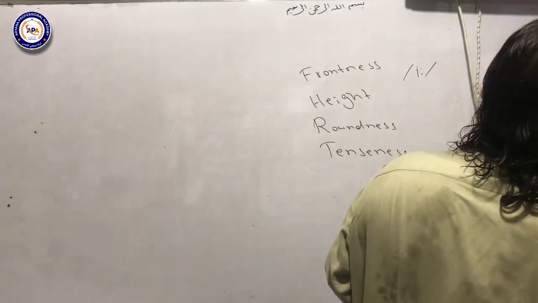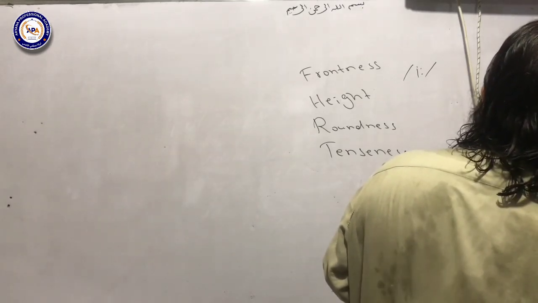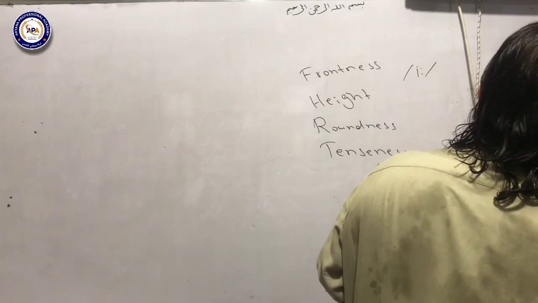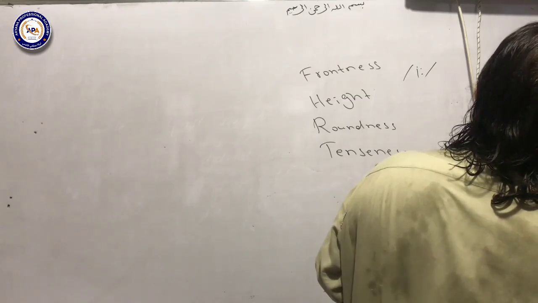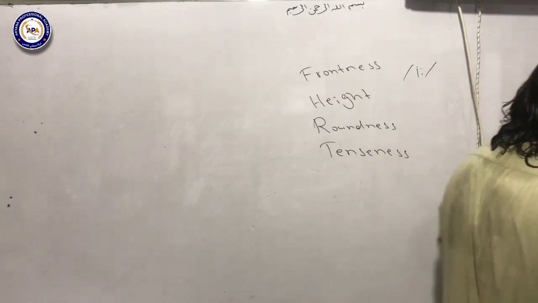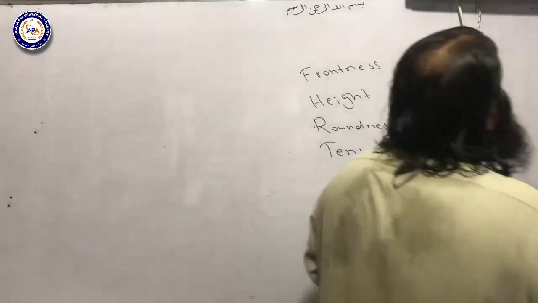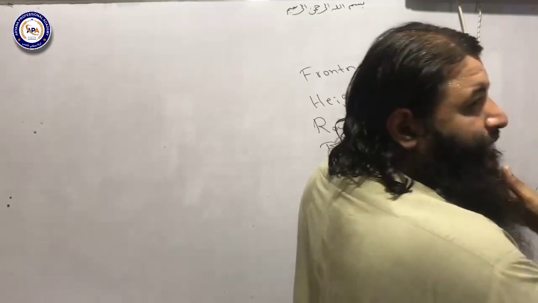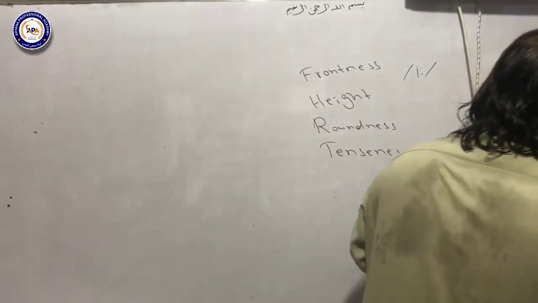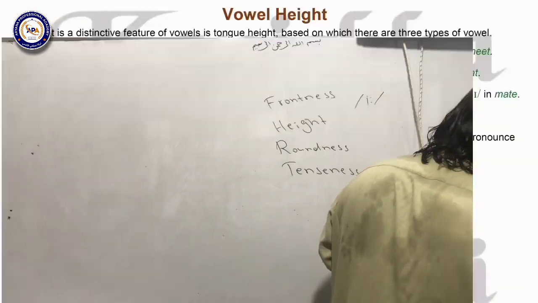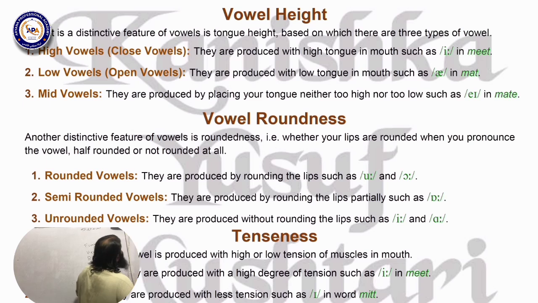The tongue is completely in lower position. I'll repeat. All right. See, the tongue is completely low. Front, but lower position because that is a low vowel. And the third type is between both of them. That is mid vowel.